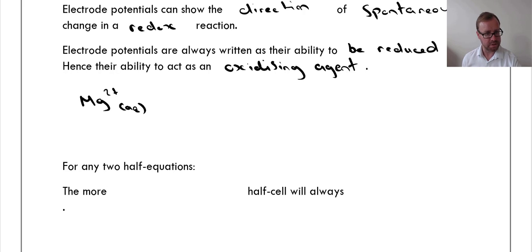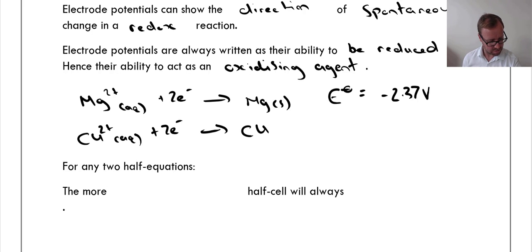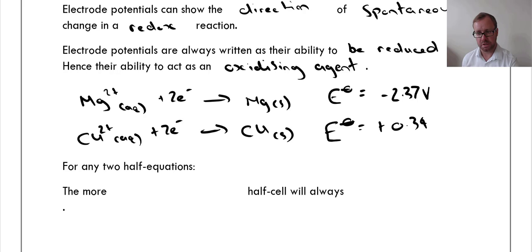So Mg2+ + 2e- goes to Mg solid, and this has a potential value of minus 2.37 volts, and Cu2+ (aq) + 2e- forms Cu(s), which has a value of plus 0.34 volts.